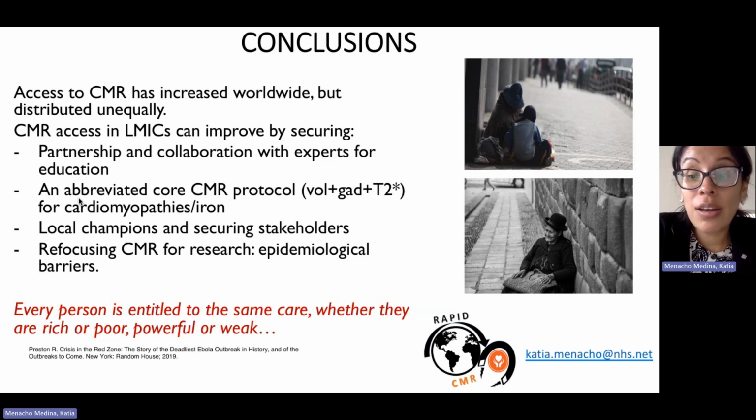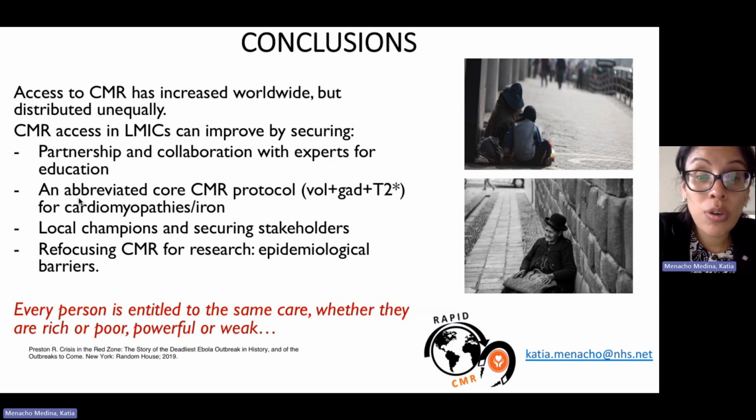Secondly, using an abbreviated CMR protocol, we went from research to the clinical application of this protocol, specifically focusing on volumes, gadolinium for the assessment of scarring or fibrosis, and T2 star for the assessment of iron overload in the heart, and in general assessing cardiomyopathies.